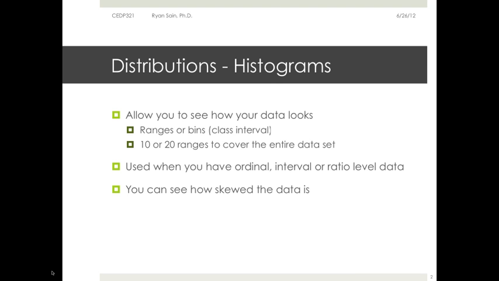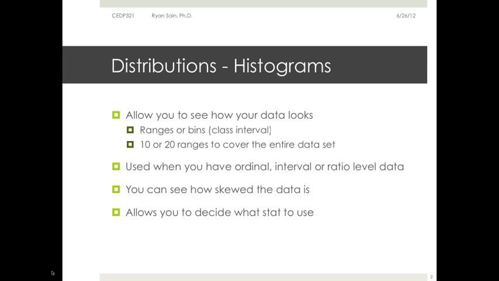You can see how skewed your data looks, and we'll look at a chart here in a minute that shows you that skew. That allows you specifically to decide what statistic you can use. When you start seeing skewed data, you automatically know that you're not going to be doing parametric statistics. And parametric statistics are ones that you use on normal distributions. Interestingly enough, a vast majority of the statistics you're going to run into in the field are parametric statistics.